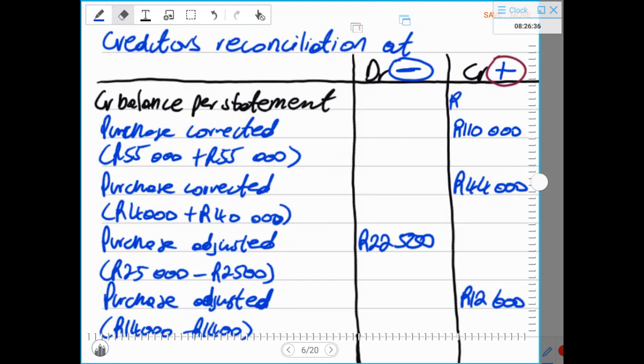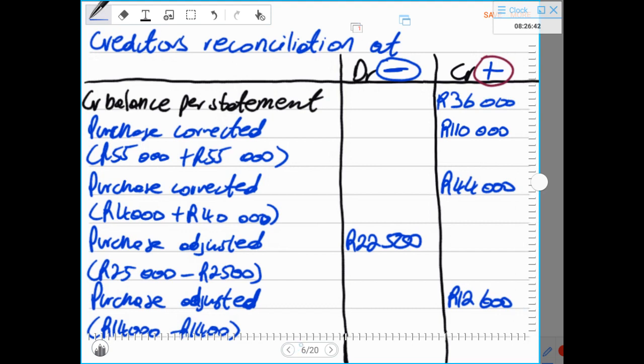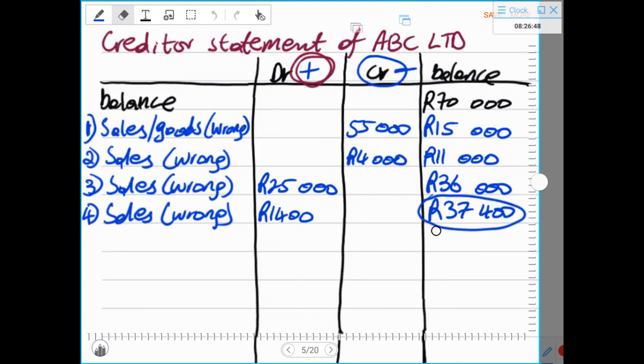So this balance will continuously change according to the entries. Now this balance would have been 36,000 rands, but I'm not going to be continuously recording that balance because the opening balance is always the balance at the end. I only recorded it for the first time, which was 15,000. So now we have touched all the angles with regard to inventory that is purchased where the statement is incorrect.